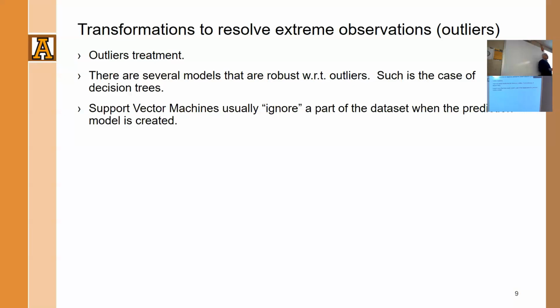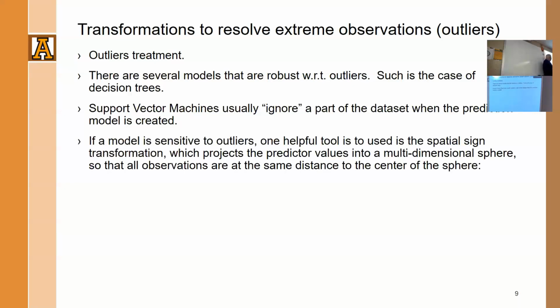They ignore part of the data set when the data set has outliers. So when we train the model, if we have outliers and we haven't dealt with them before, algorithms like support vector machine will essentially ignore some observations. Maybe that's what we need to do, but that has to be our decision and not the solver's decision. So if the model is sensitive to outliers, then there's a transformation called the spatial sign transformation.